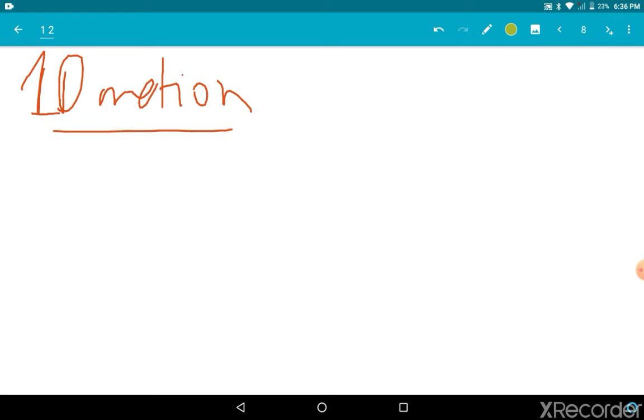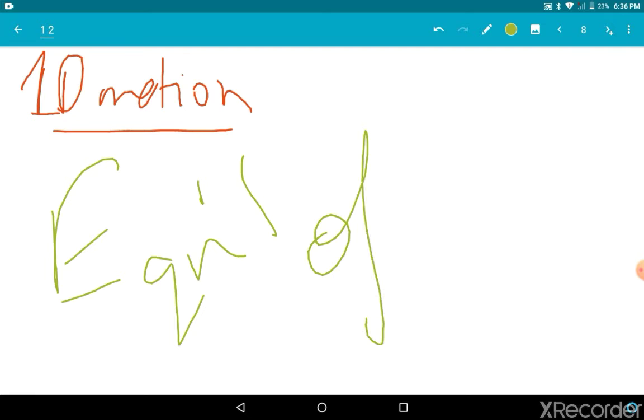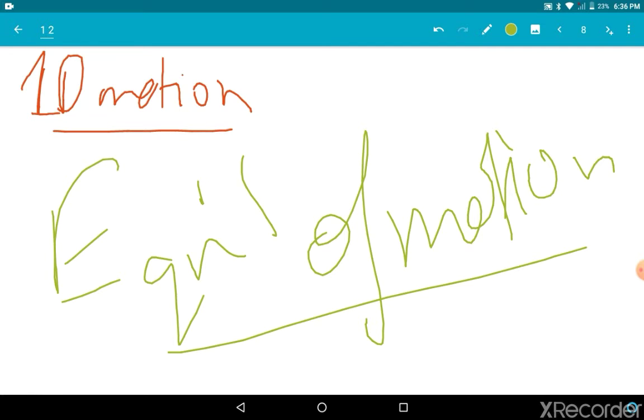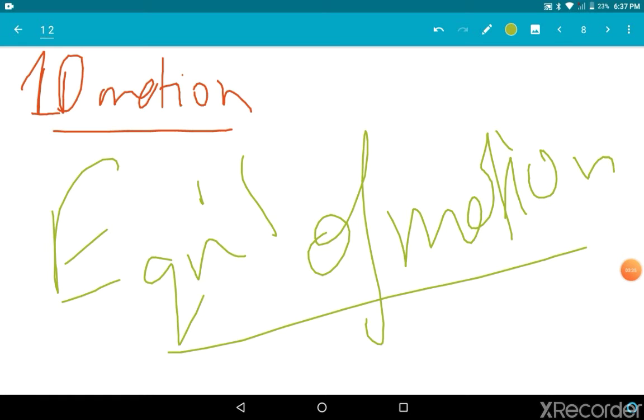There are some laws in 1D motion, called the equations of motion. Actually there are three of them. Let's discuss the first.